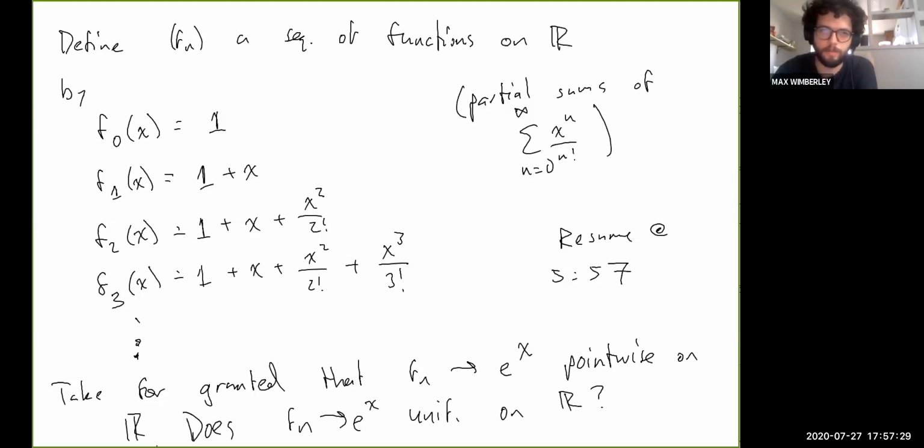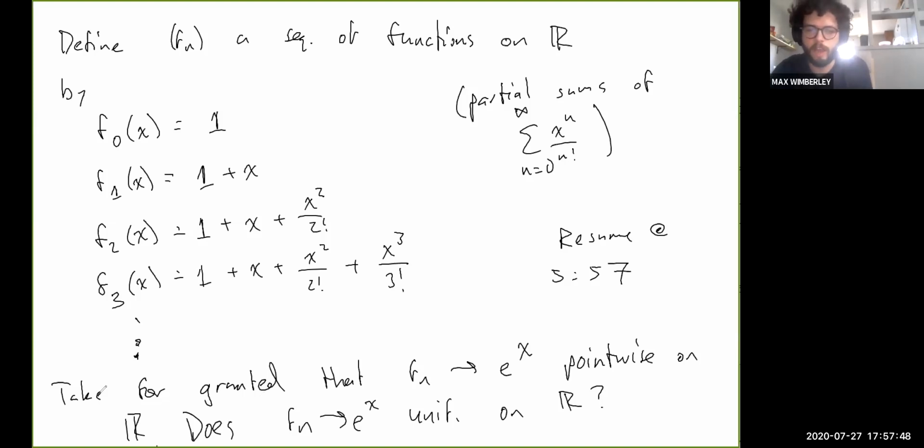Okay, so I know this is kind of a hard problem. It's kind of hard to do this in a rigorous way, at least taking for granted certain things.